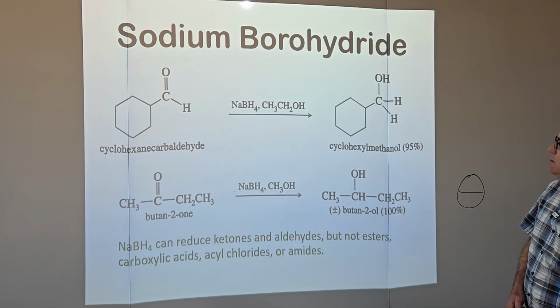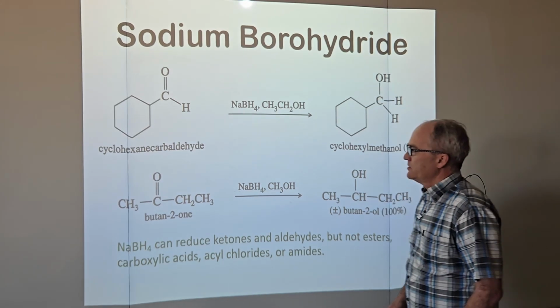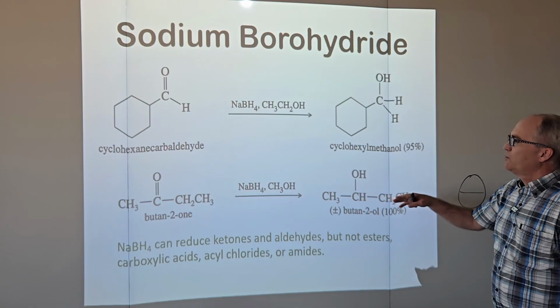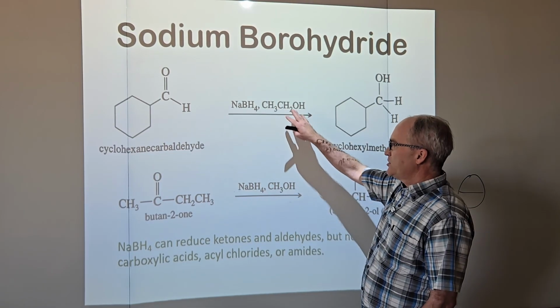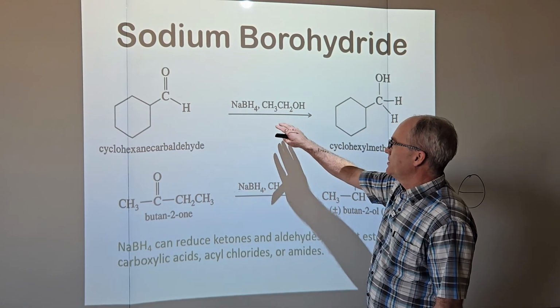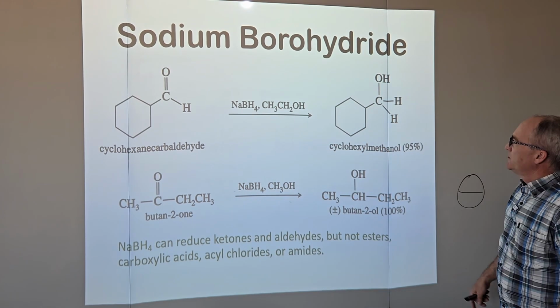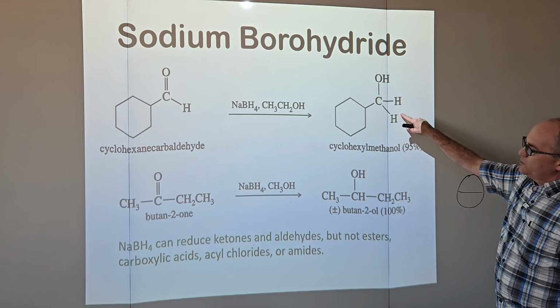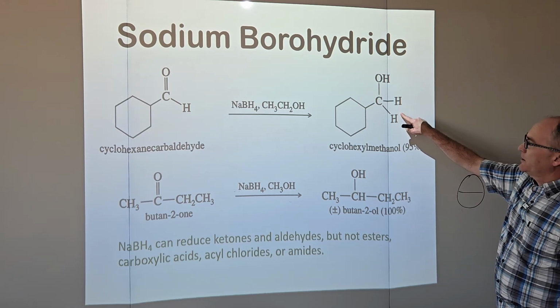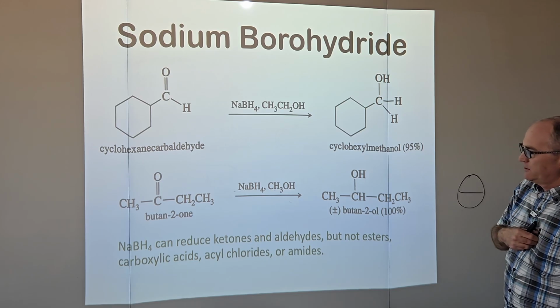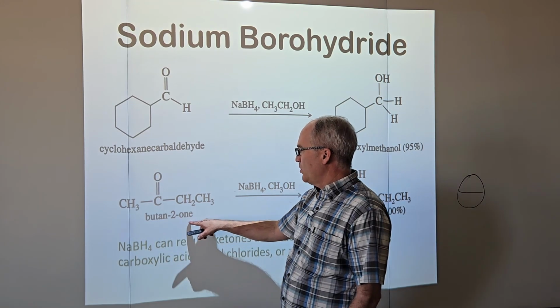So here's our cyclohexane carbaldehyde, sodium borohydride. This is just solvent to run the reaction in. You know, this is a solid, and you've got to dissolve it. So here we reduced our aldehyde to a primary alcohol, cyclohexylmethanol. Butan-2-one.